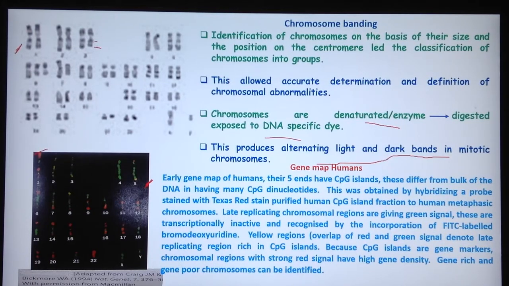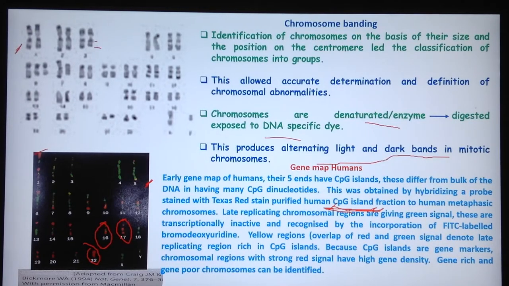What they have done, we have discussed in the previous classes on heterochromatin and methylation, is that promoters are very highly rich in CpG islands. So here the probe of CpG island is being used. When the CpG island probe is used, it gives fluorescence in red color. Whatever chromosomes are showing more of the red fluorescence, that means these chromosomes are going to be gene rich.